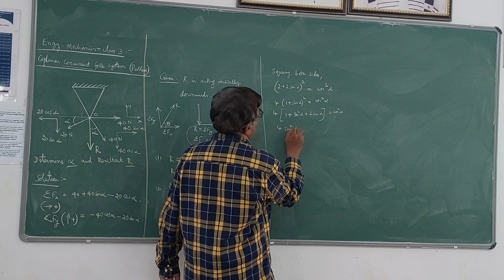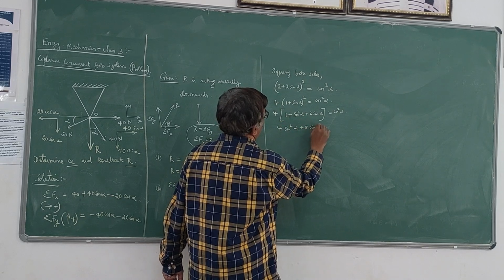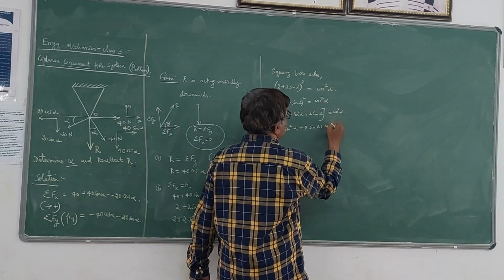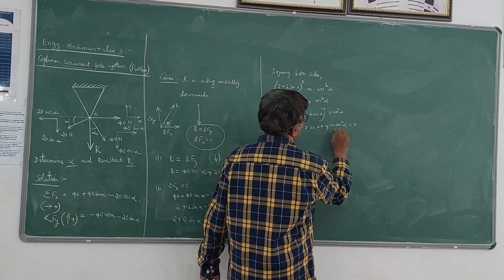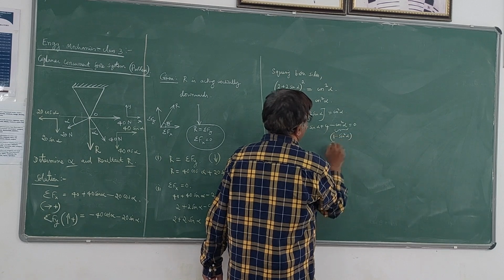4 sin square alpha plus 8 sin alpha plus 4. This cos square alpha I will bring to this side, minus cos square alpha is equal to 0. Now this cos square alpha I can write as 1 minus sin square alpha.